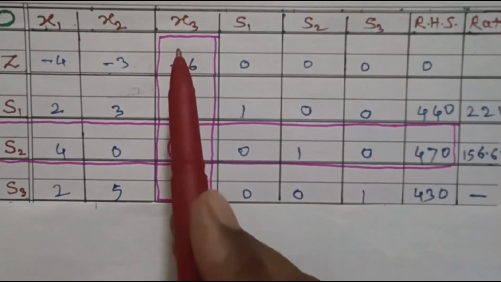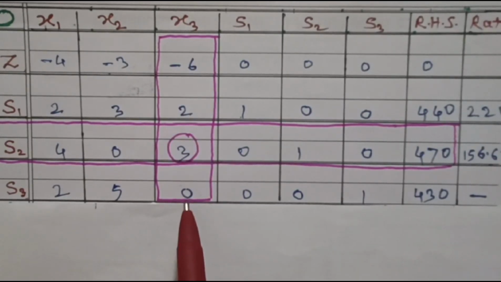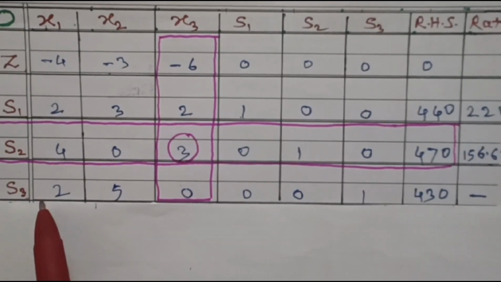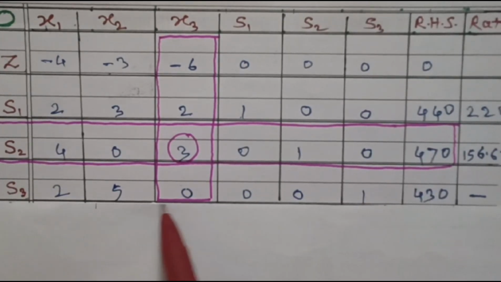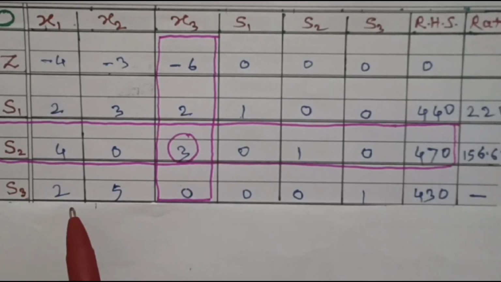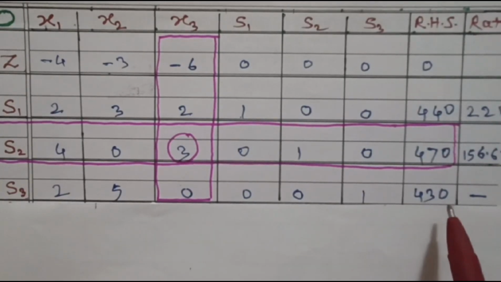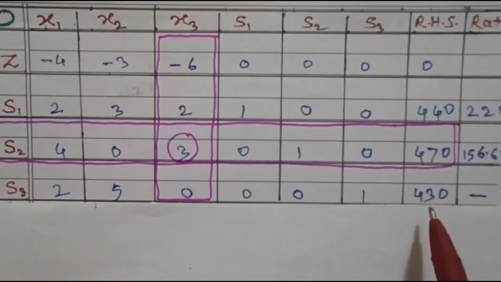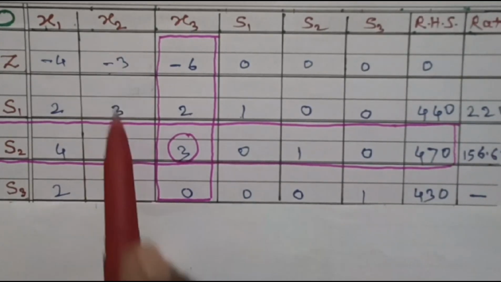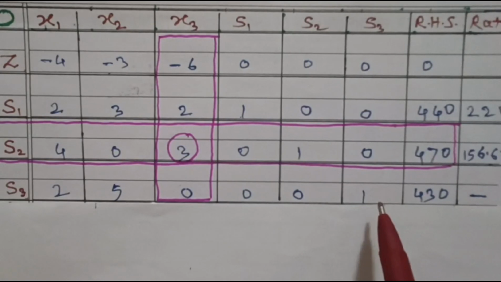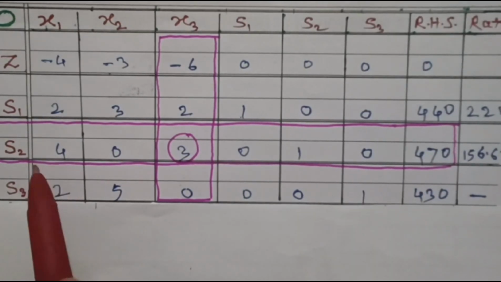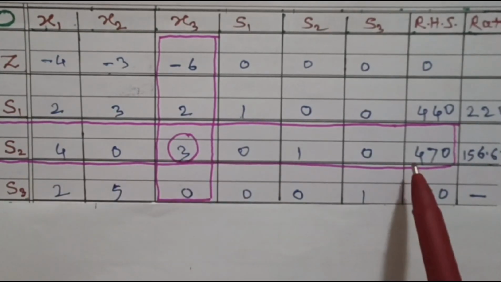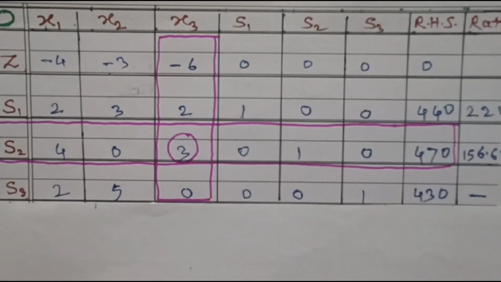Now in the key column, this element is 0, and this element lies in the S3 row. So in the first iteration this S3 row also we have to take as it is, without any change in any element. So a total of 1 row and 3 columns we take as they are in the first iteration, as well as all the elements appearing in the key row, but one small change will be there.